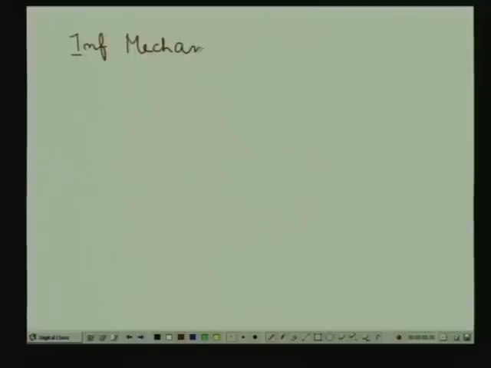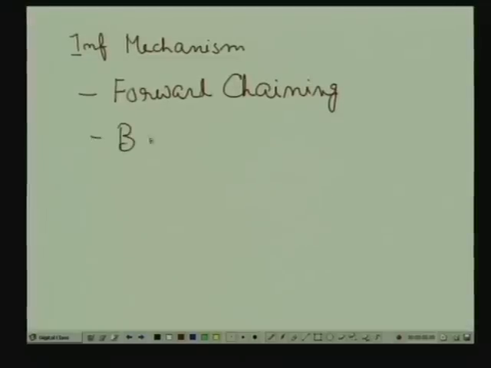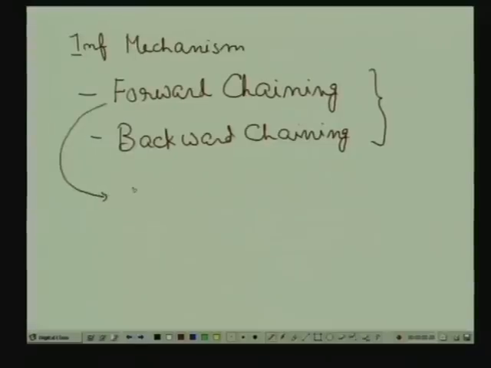There are two types of reasoning that we had talked about. One is forward chaining and the other is backward chaining.